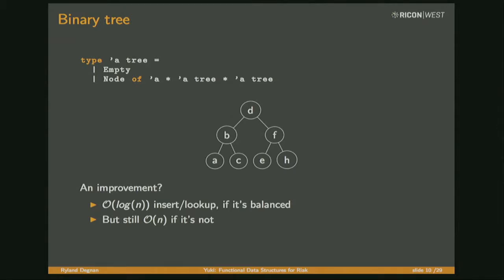And it is an improvement over a linked list. However, if I keep adding bigger and bigger values, you can see this right subtree is going to continue to grow, and eventually I'll just have a linked list. It's going to be O(n) complexity to access that last element, because the tree is going to become unbalanced. So while this is a good start, it doesn't quite work in production.